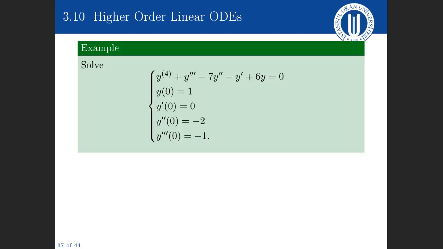For example, let's suppose I gave you a fourth order homogeneous linear differential equation in an initial value problem with some initial conditions. This is a fourth order equation because the highest derivative is 4. And if we have a fourth order equation, we need 4 initial conditions.